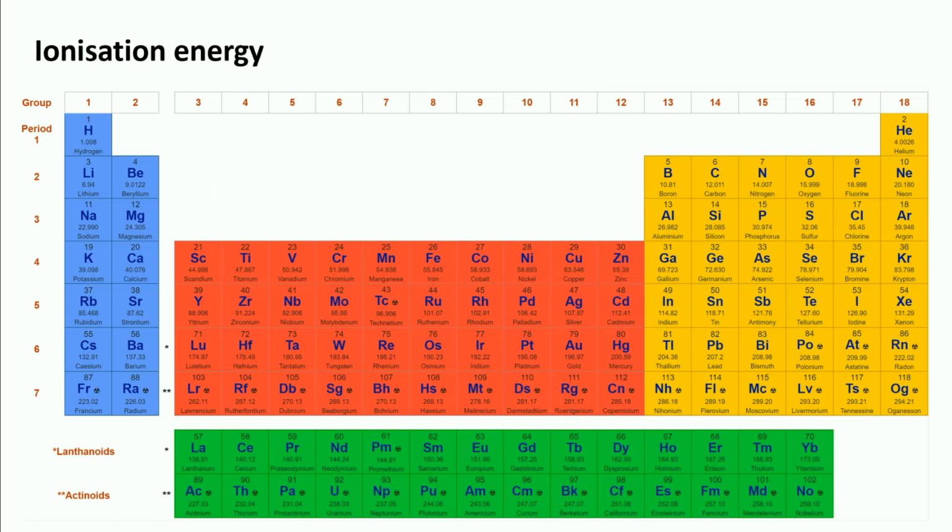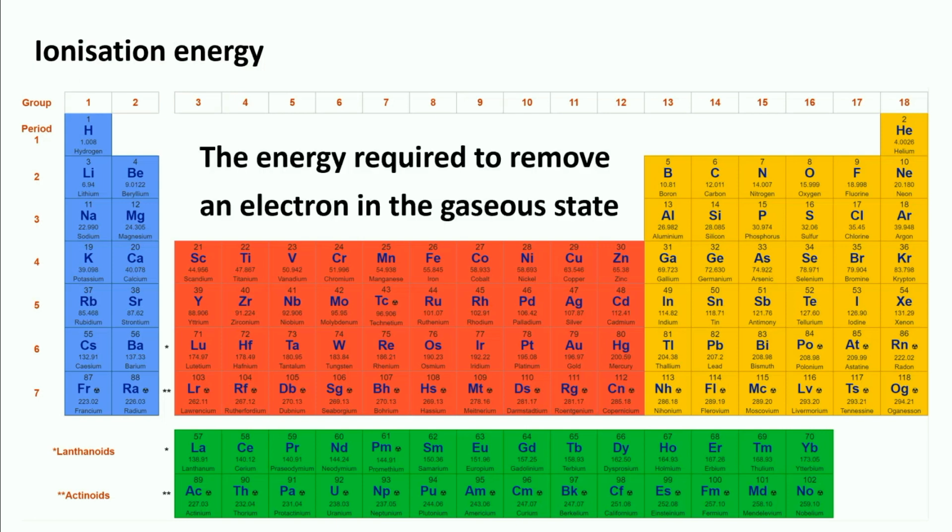Next one we're going to look at is ionization energy. Ionization, what could that be about? Well, ion, yeah, we're making an ion. Okay, so the ionization energy is actually the energy required to remove an electron from an atom or an ion. It could already be an ion, but you're trying to remove another electron. But this is in the gaseous state, right?